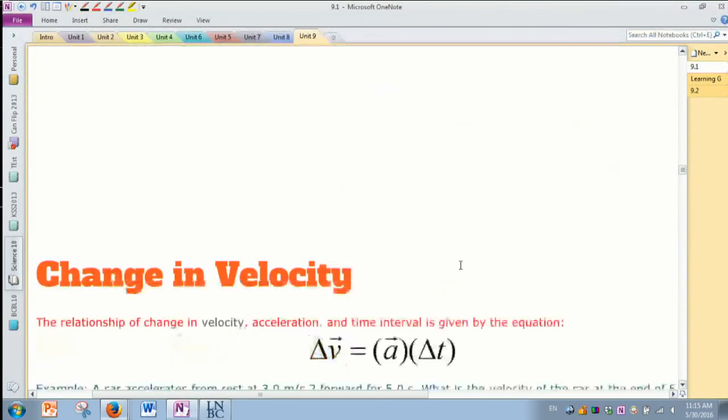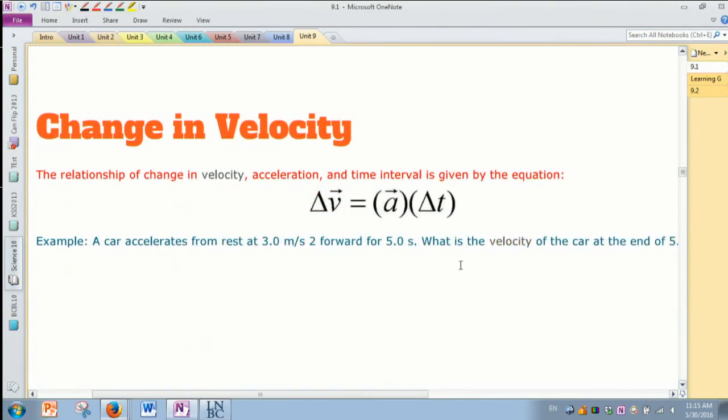All right, the next question says a car accelerates from rest at 3 meters per second squared for 5 seconds. What's the velocity of the car at the end of 5 seconds? All right, if it accelerates from rest, this is a really important piece of information.